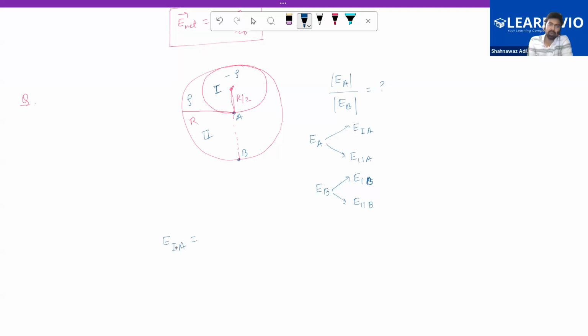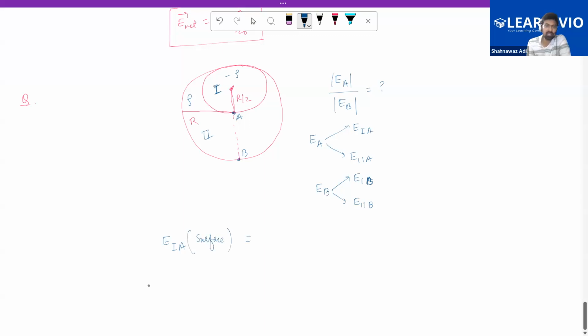Now you look at this point. Where is this point in context of this first sphere? On the surface, right? Absolutely right. So this is at the surface.